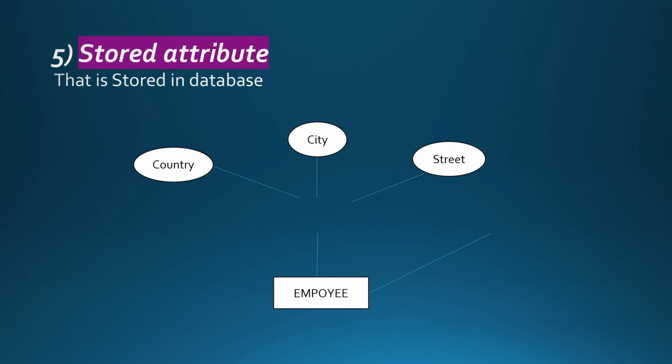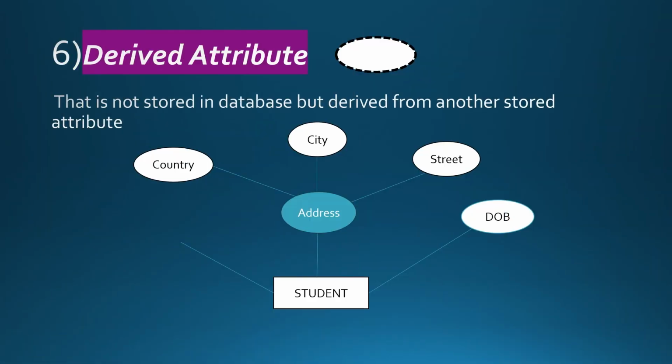Next is stored attribute, an attribute that is stored in the database. Here is an example of the employee entity class. Address and date of birth of an employee are stored in the database. Next is derived attribute. A derived attribute is an attribute that is not stored in the database but can be derived, meaning it can be calculated from another stored attribute.